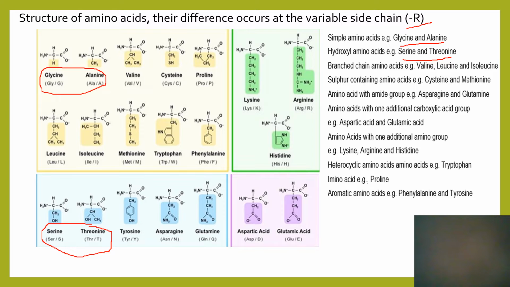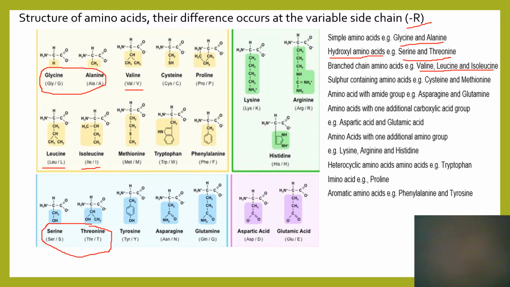Still, there are branched amino acids: valine, leucine, and isoleucine. They are branched amino acids here. Valine is here, and leucine and isoleucine. Their hydrocarbon chains are somehow branched and longer.